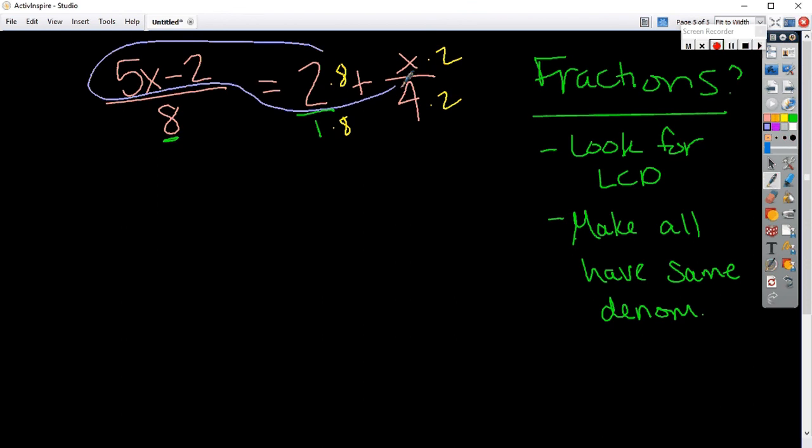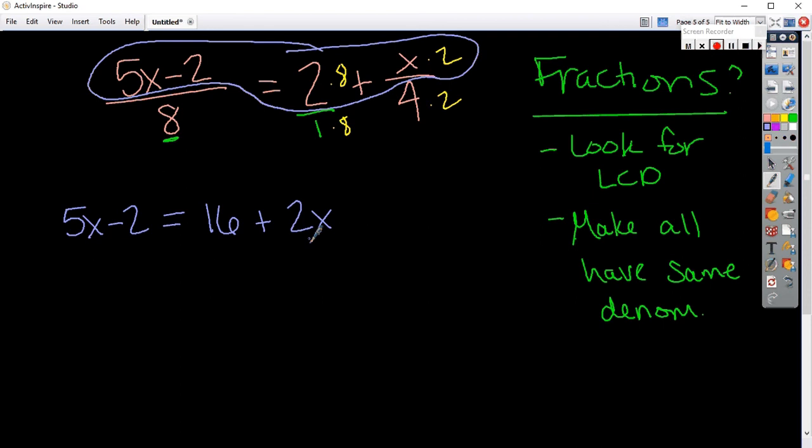Now, do y'all remember doing this? Okay. Now I have 5x minus 2 equals 16 plus 2x. I'm going to put over here, drop denominators. If you don't remember, tell me and I'll spend a little more time on it. Now is that something that you can solve?